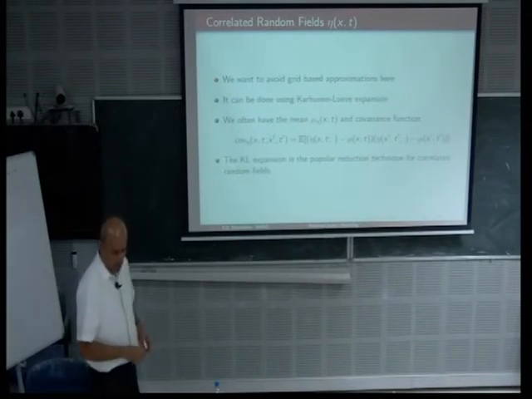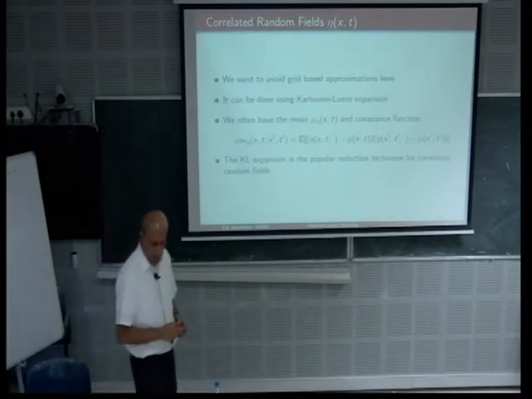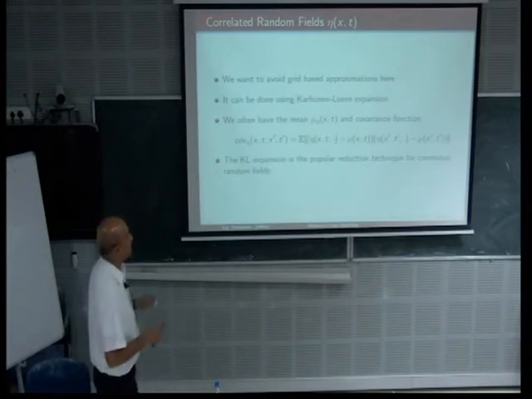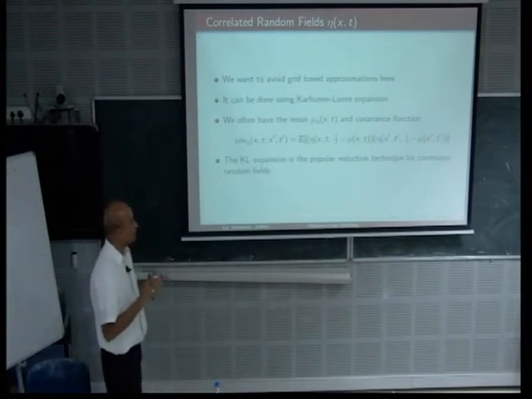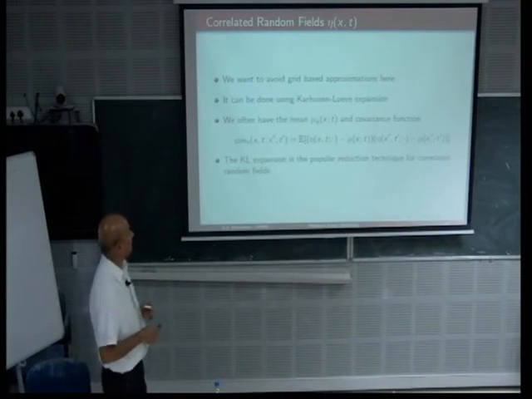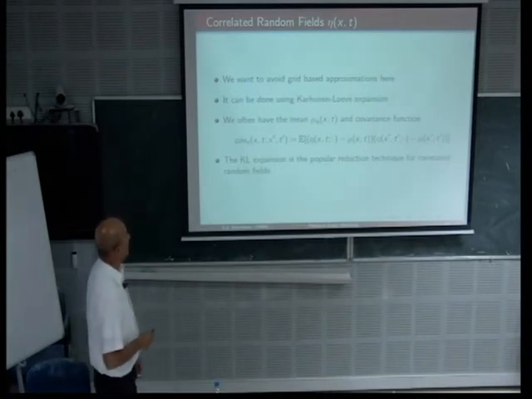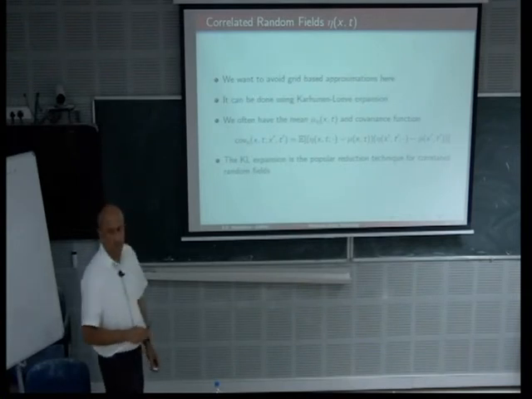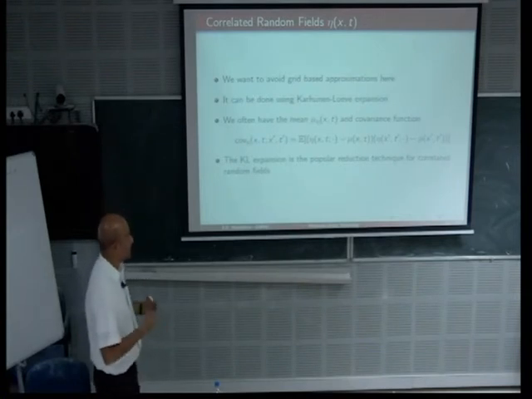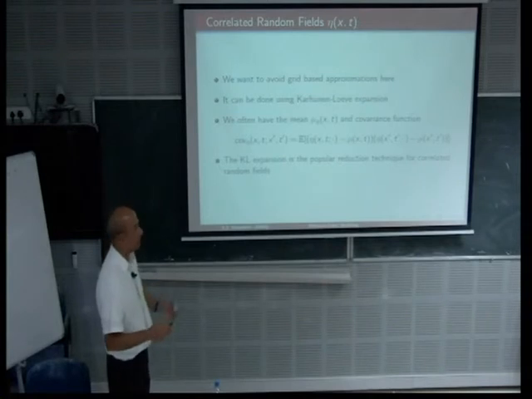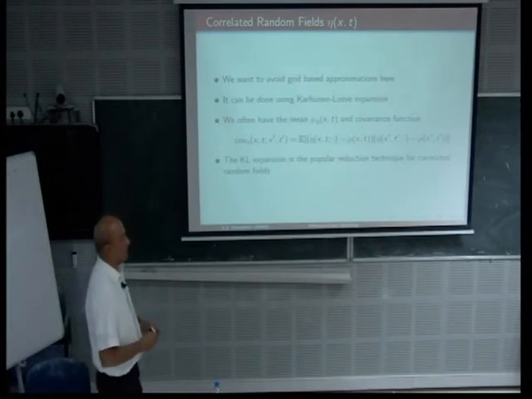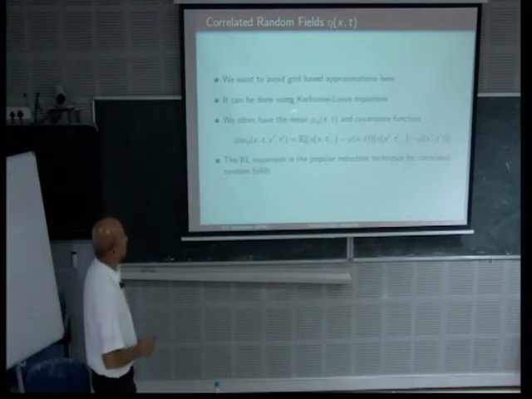And so let me first talk about correlated random fields. Suppose our random inputs are correlated, meaning you have the mean and covariance. We want to avoid grid-based approximation because they increase the number of random variables as you refine the grid. So we like to use Karhunen-Loève expansion if possible.